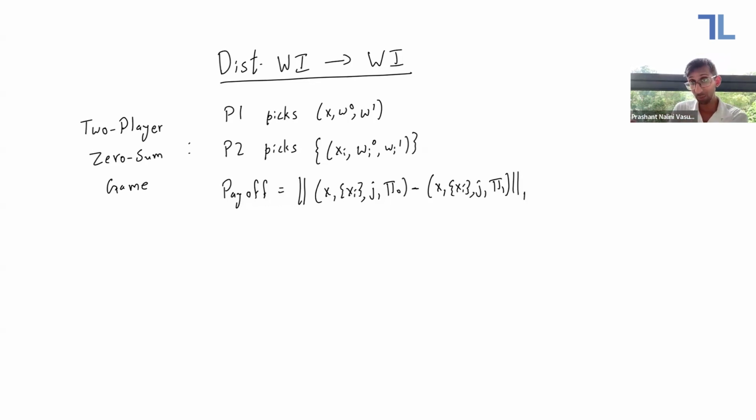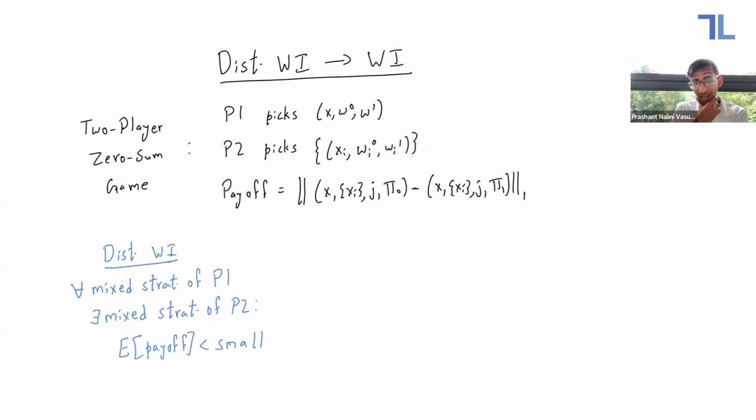Right? And once I have set this game up, the rest of the argument is very simple. What I showed you is essentially this: for any mixed strategy of player one, which is the same as saying for any distribution of x, w0, w1, there exists a mixed strategy of player two, which is to say there is some distribution over the xi, wi0, wi1, which in our construction is the same as the distribution of x, w0, w1.